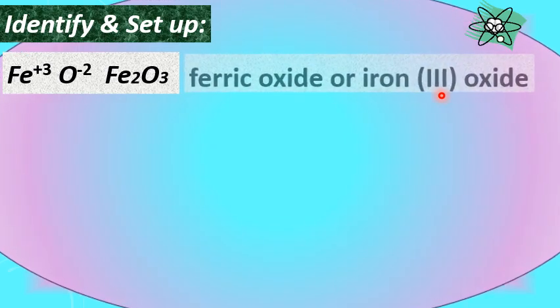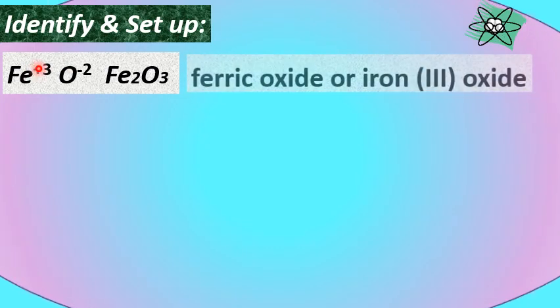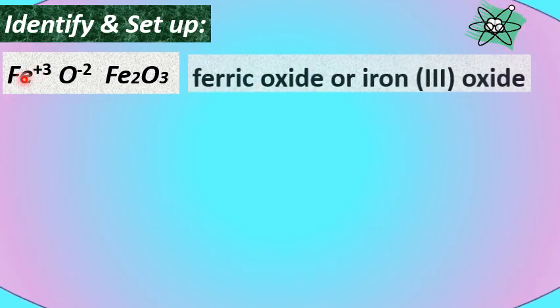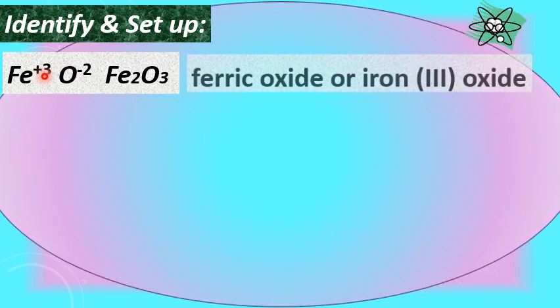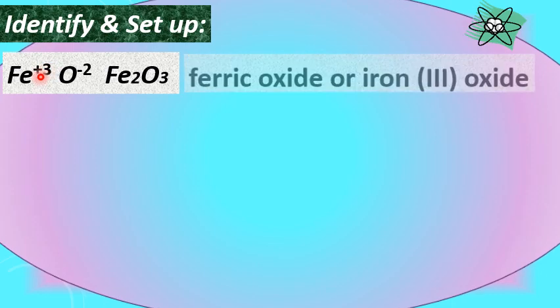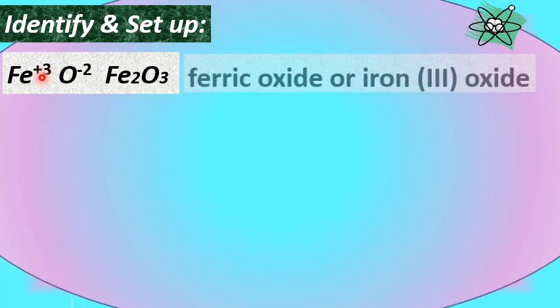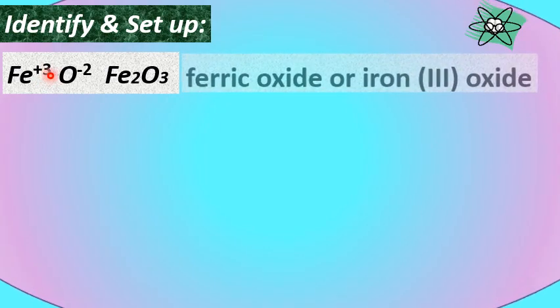It is because the higher positive 3 ionic charge for iron is used here. Positive 3 is the higher ionic charge of iron. The lower ionic charge is positive 2.